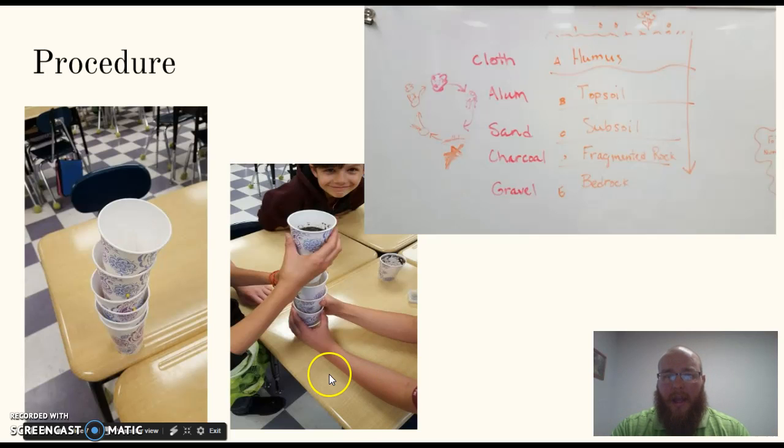I also offered the question of, okay, what materials would relate to each level of the ground. And so we as a group came up with cloth being first, alum, sand, charcoal, and then gravel.